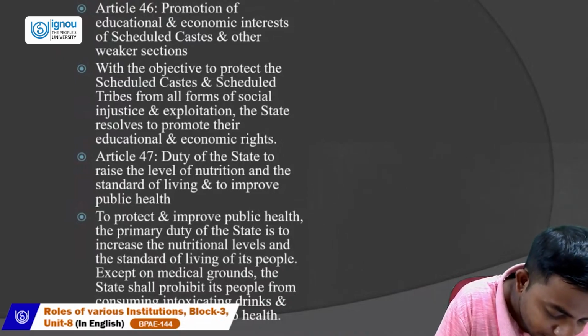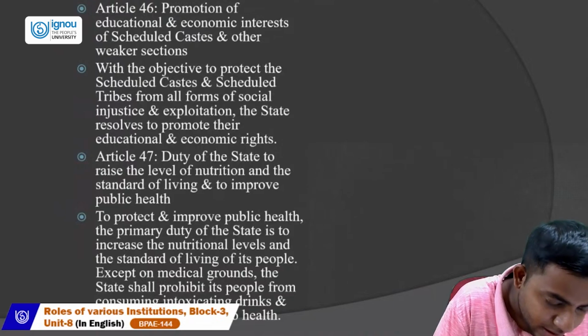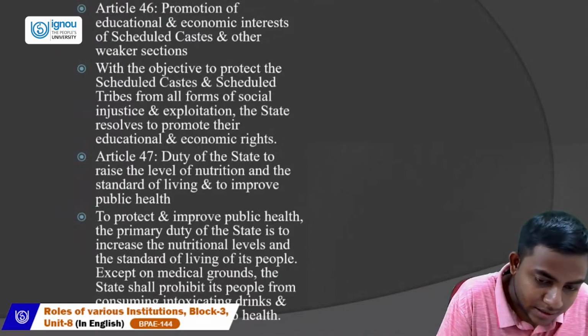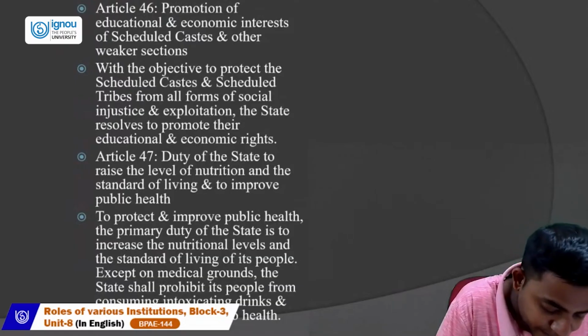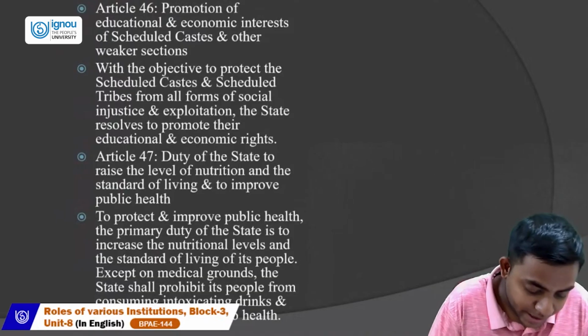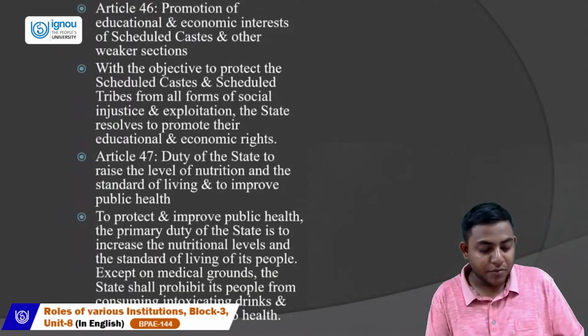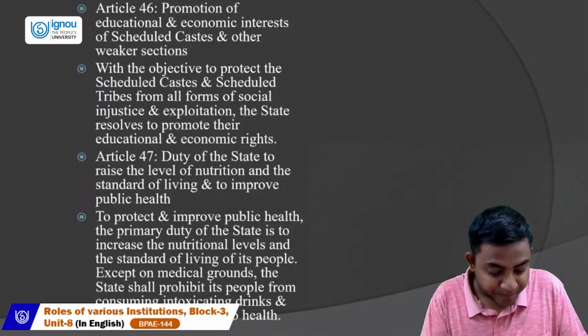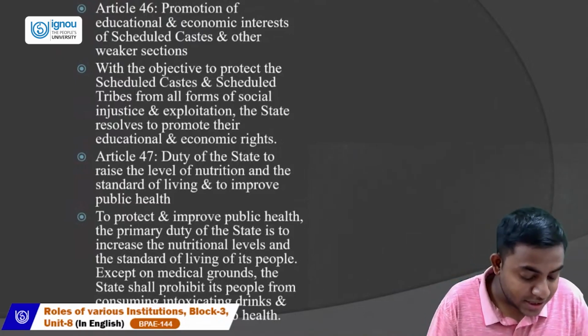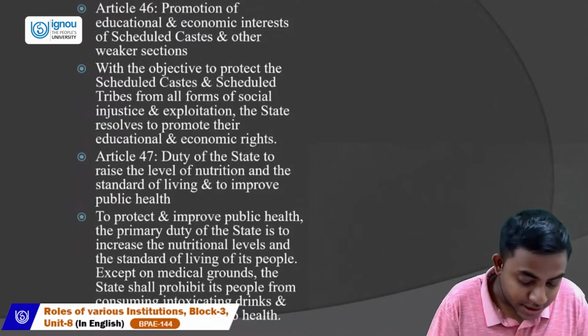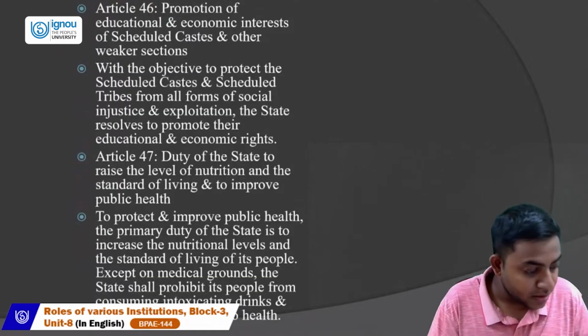For example, the Ayushman Bharat Yojana, the National Rural Health Mission, and to improve the nutrition, the union government has launched the Poshan Abhiyan, has implemented the National Food Security Act as well to raise the nutritional standards of the citizens of the nation.